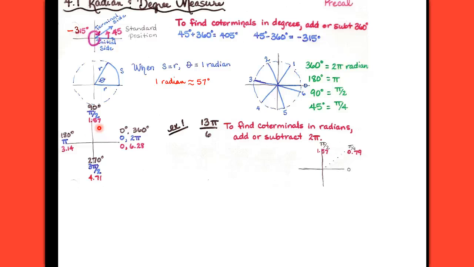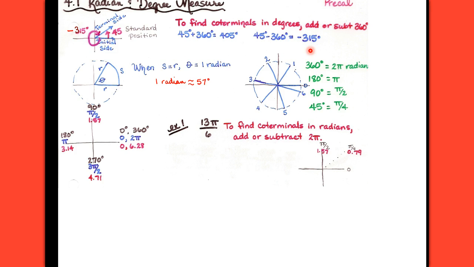All right, so example number 1. For example number 1, on page 286, they asked me to graph 13 pi over 6, and then they also asked me to find a couple of coterminals for it. Now, remember we talked about back here when we were working with 45 and 405 and negative 315, they were all coterminals, they would all generate the same graph.